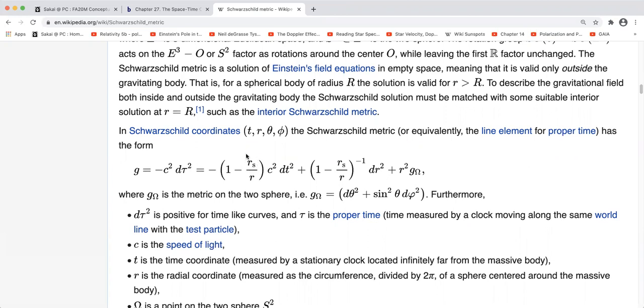Once you go into the surface, you're not coming back out. Even light that goes in can't come out. And you can see in this equation when the position is right at the Schwarzschild radius, you get 1 here, and 1 minus 1 is 0. Here it looks fine, but notice this is raised to the -1, which means that when the position is at the Schwarzschild radius, you have 1 over 0.